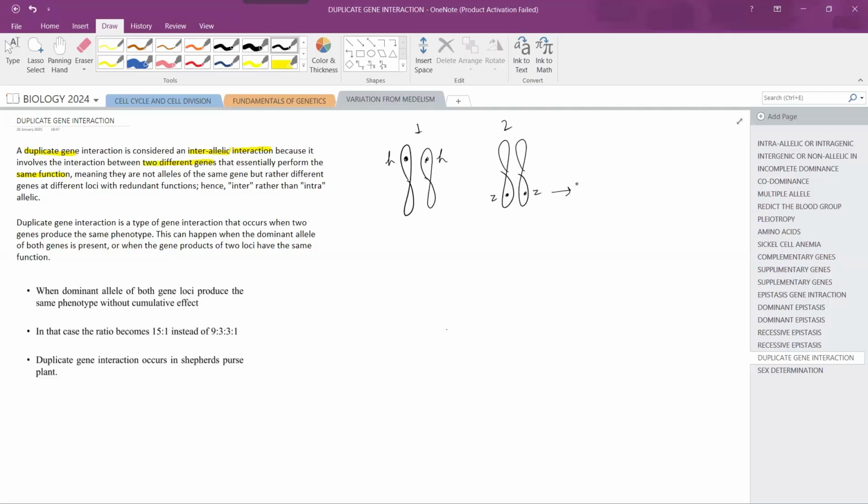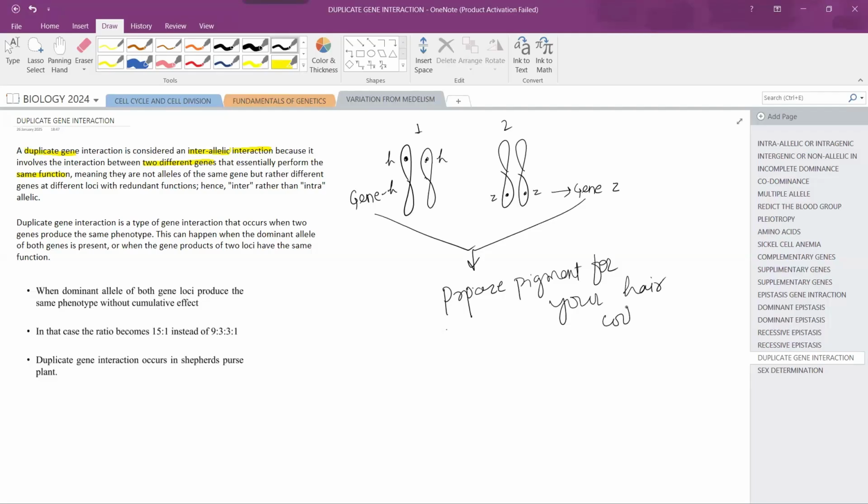This is gene Z, and this is gene H, and both genes do the same function: prepare pigment for your hair color.